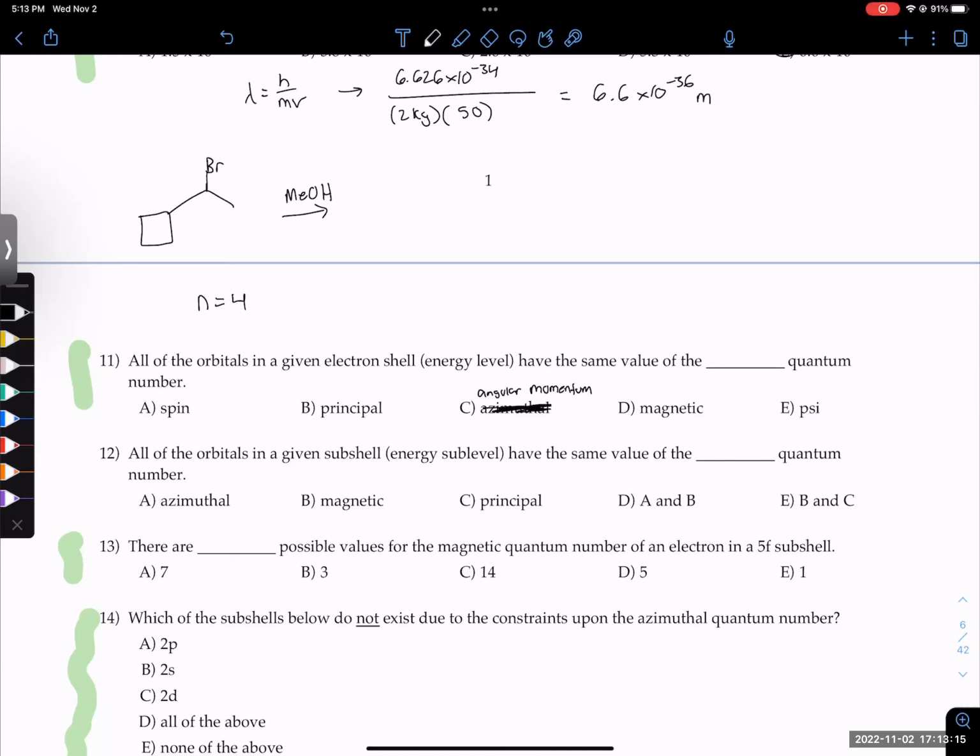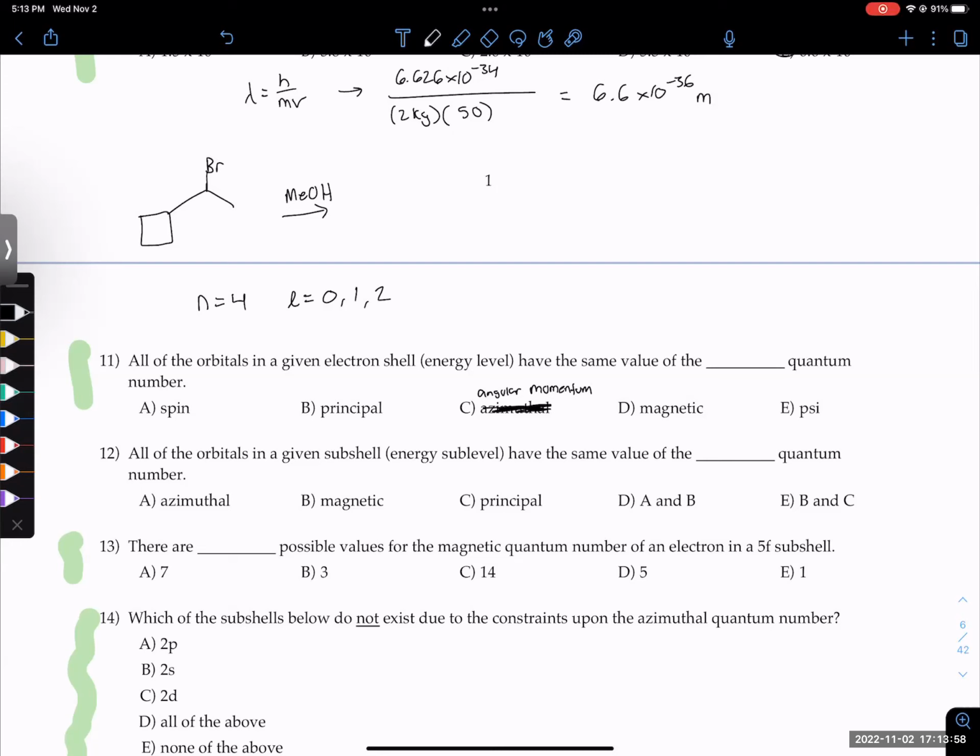All the orbitals may not have the same angular momentum quantum number, because when n is equal to 4, you can have an L value of 0, which corresponds to our s orbital, and 1, which would be a p orbital, or 2, which would be a d orbital. A d orbital looks different than a p orbital, which looks different than an s orbital, so they're not the same orbital, but they're all in the same energy level.